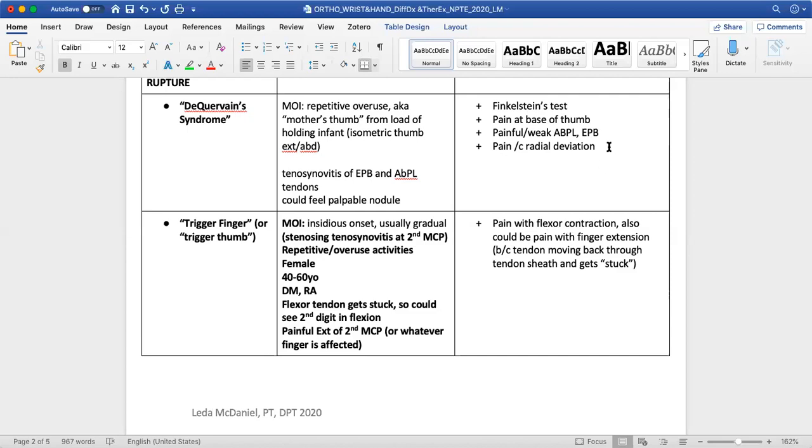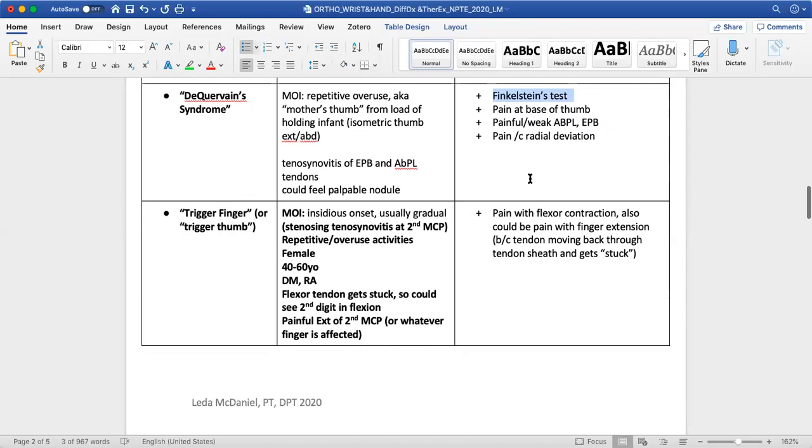You could also have painful contraction of the abductor pollicis and extensor pollicis brevis. So that's our pattern there of painful active contraction, painful passive stretch. Could have painful radial deviation as well because of the contribution of these muscle tendon units to a radial deviation motion.